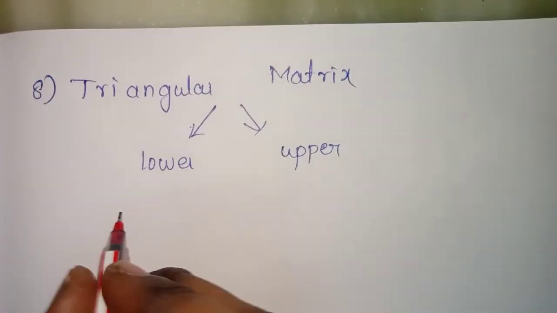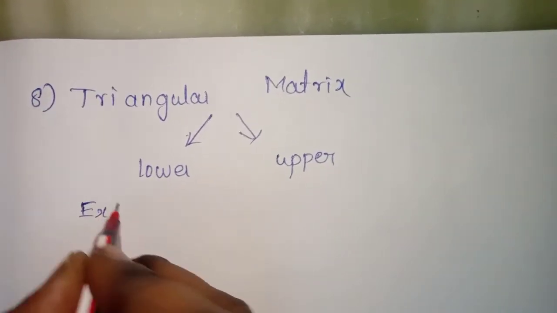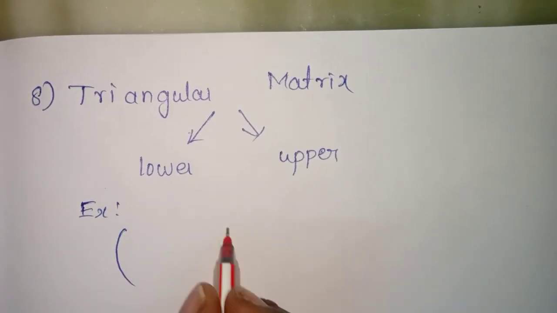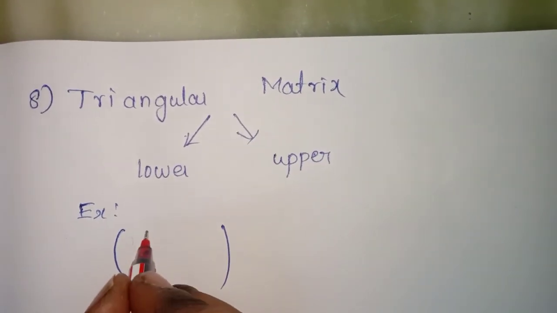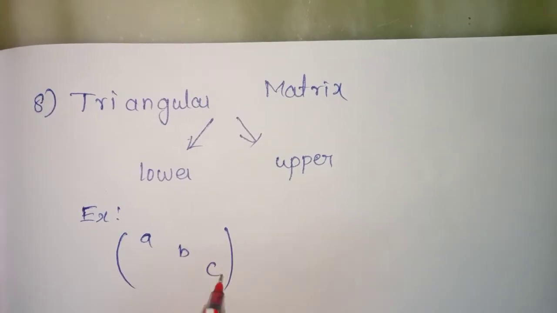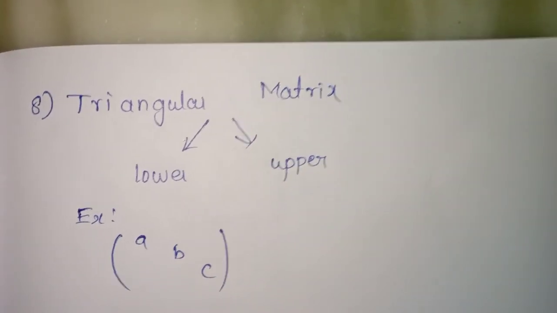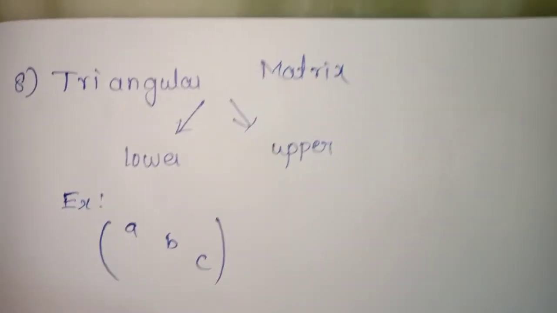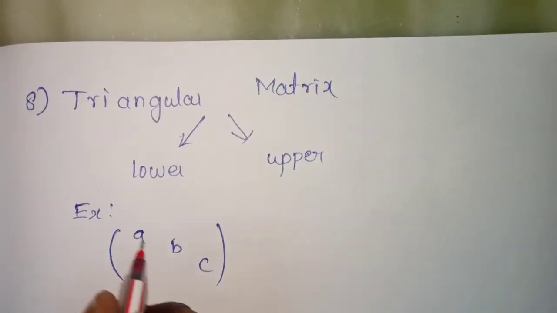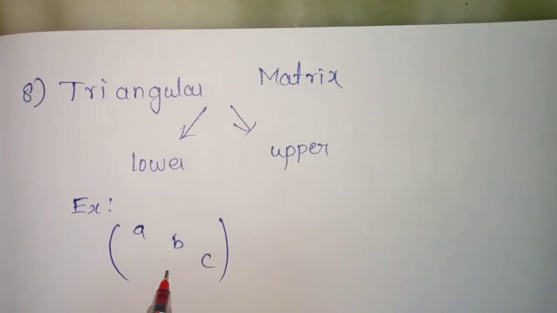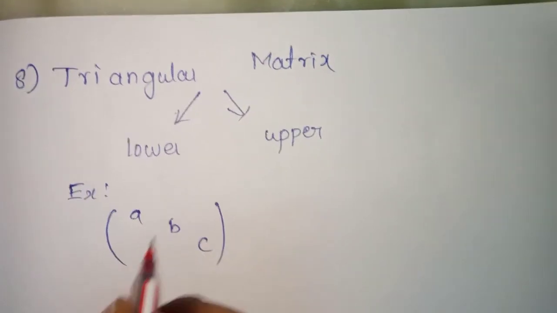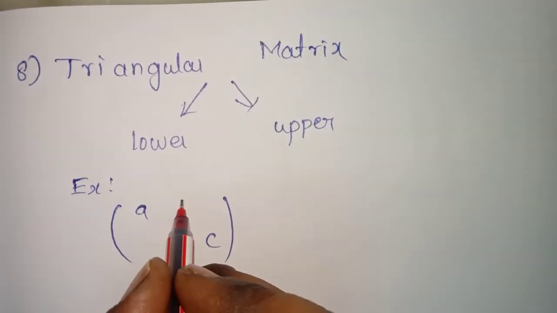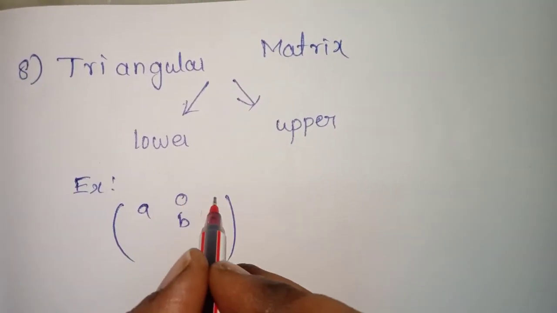The lower triangular matrix has these diagonal values. Above the diagonal we have 0 values, below the diagonal we have the values. That is called the lower triangular matrix.